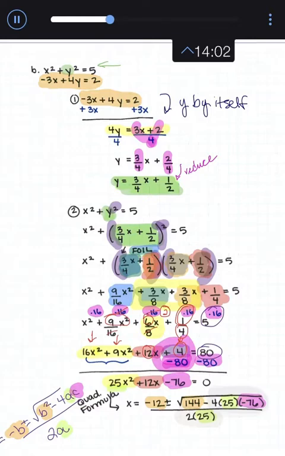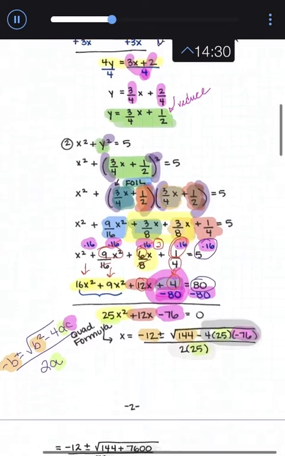Well, we'll start by making sure that we've already done the exponents underneath the square root. Now the next thing underneath the square root we'd go after is the multiplication that's listed. So we'd end up working on the multiplication, the 4 times 25 times negative 76. Now, beware here.